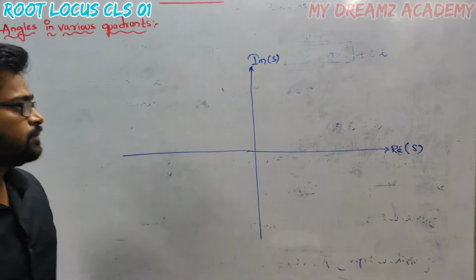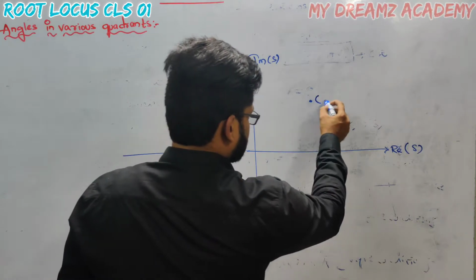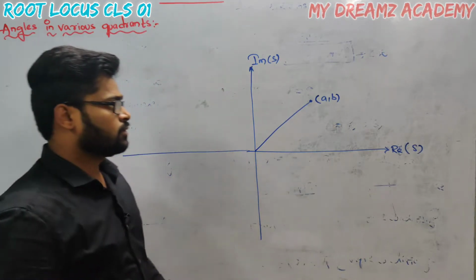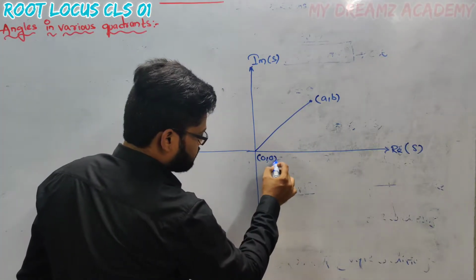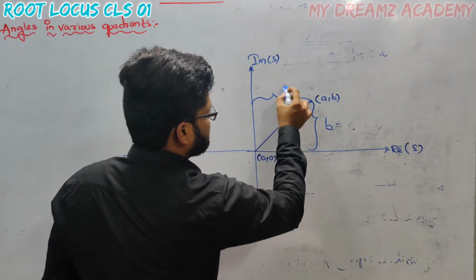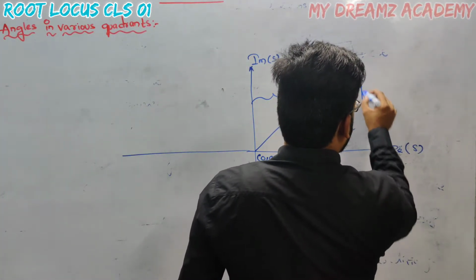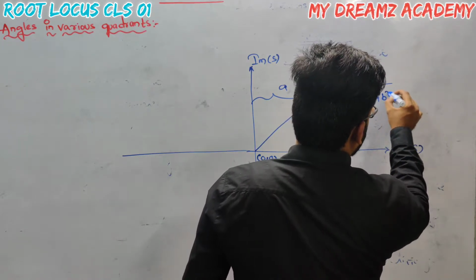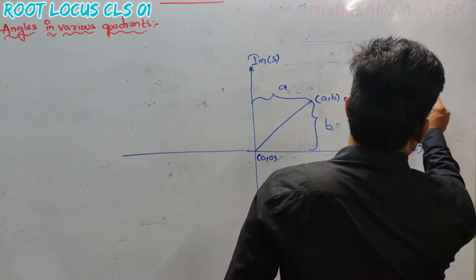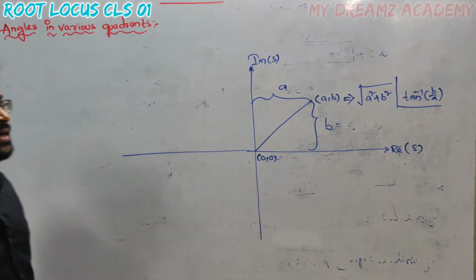If one point is located in the first quadrant, and this point is A comma B, if I join this point with 0 comma 0, this length is B and this distance is A. The magnitude can be found as the root of A square plus B square, and the angle is tan inverse of B by A, that is, imaginary value by real value.